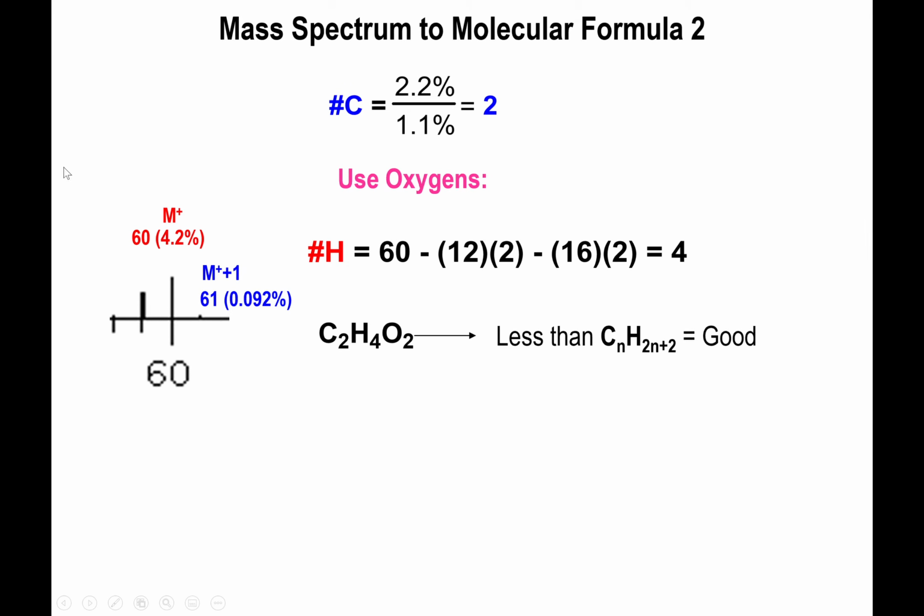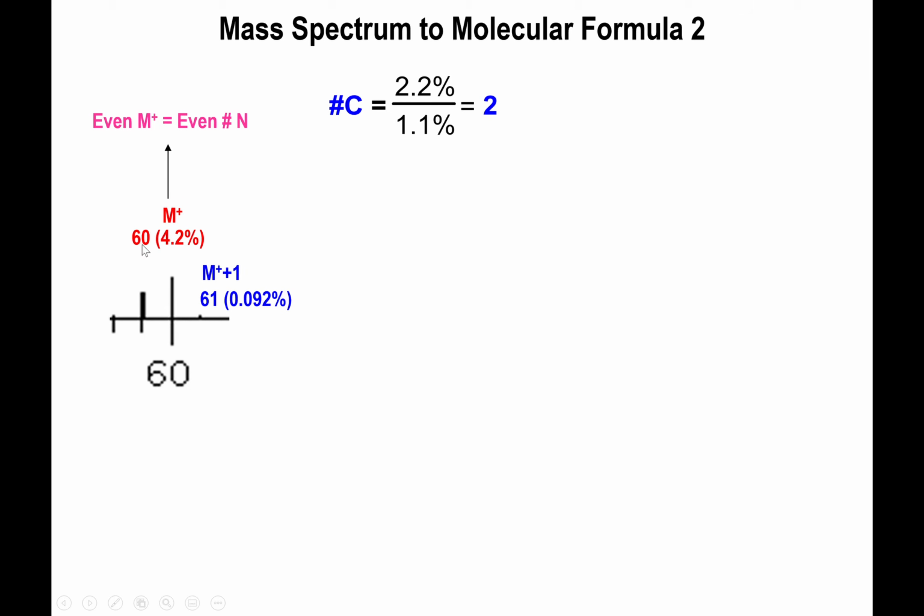But let's go back to the original premise. The premise that the N plus peak is an even number. Because that's even, instead of having oxygens, we could actually go with the premise that, well, if this is an even number, maybe we have an even number of nitrogens.